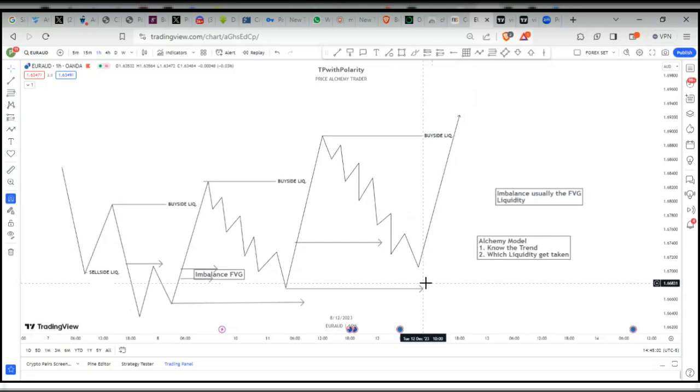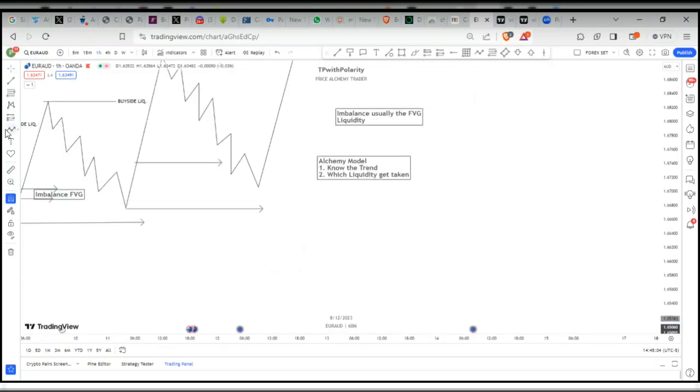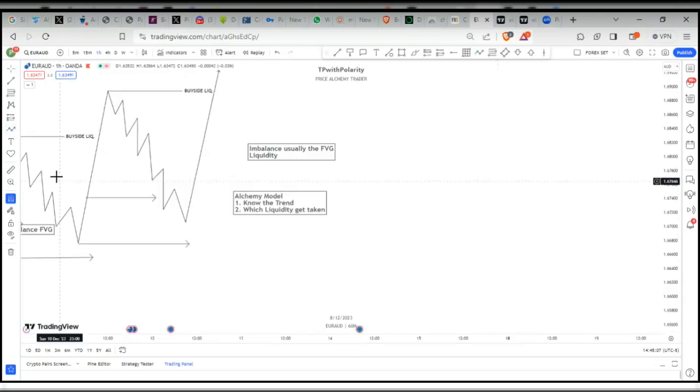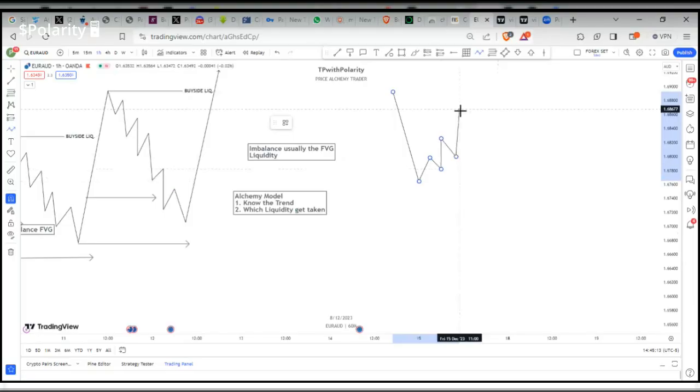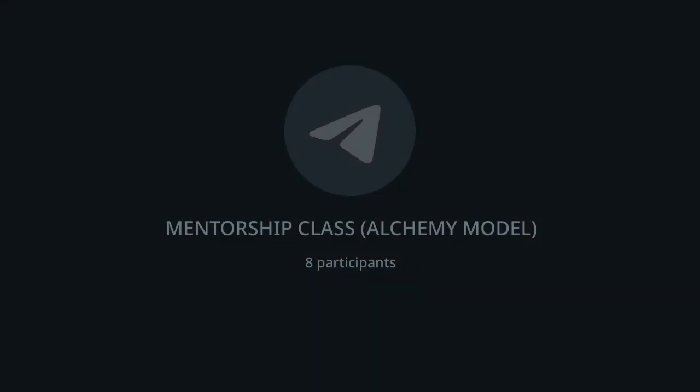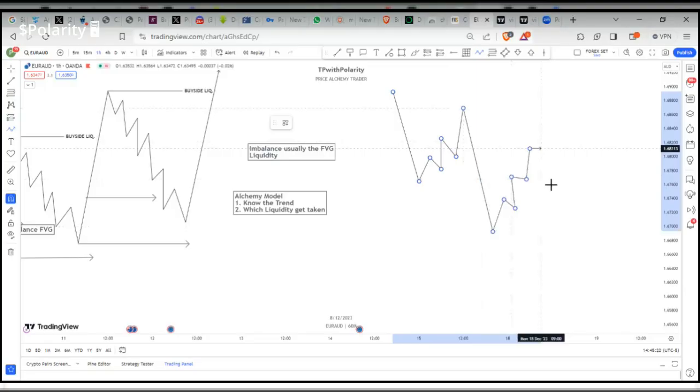That's in an uptrend. The same happens in a downtrend. It's a simple scenario. You just expect the liquidity to get taken out. Once the liquidity gets taken out, you anticipate the market to trade right back into the nearest imbalance.